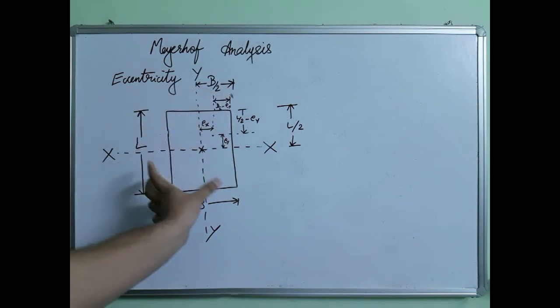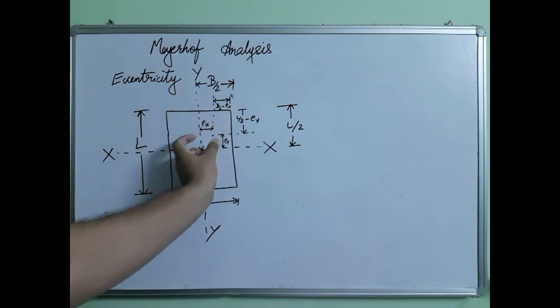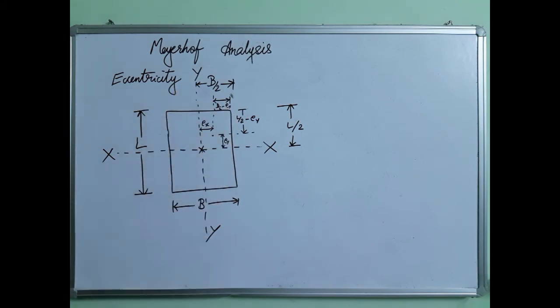And if this is B, this is B by 2, and if this is Ex, this is B by 2 minus Ex. So now what we will do is make another footing.